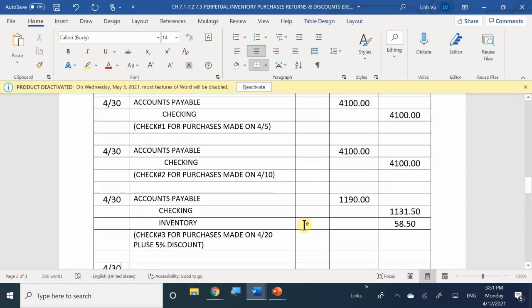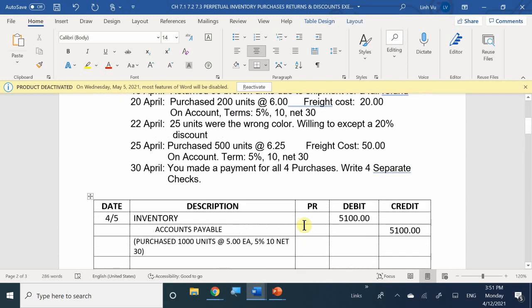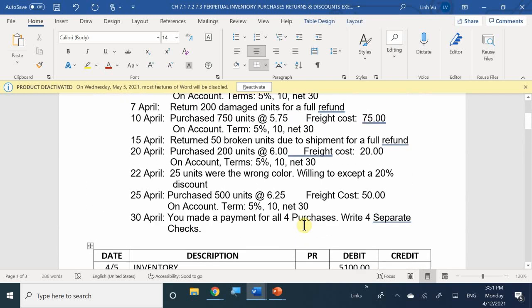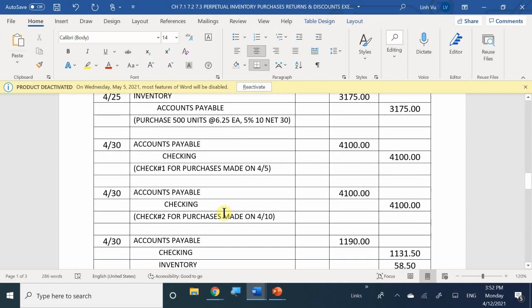Last but not least, we have the last transaction here. We made a payment for the last batch, which was our purchases on April 25th. So what happened here? Purchase 500 units at 625. Okay, let's go ahead and view that transaction right here.